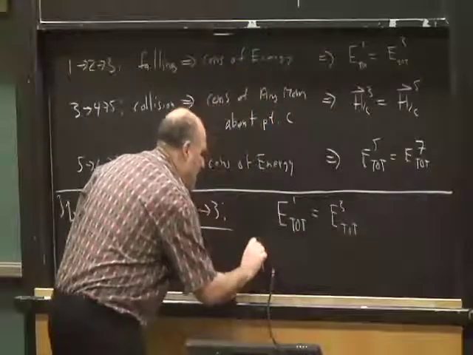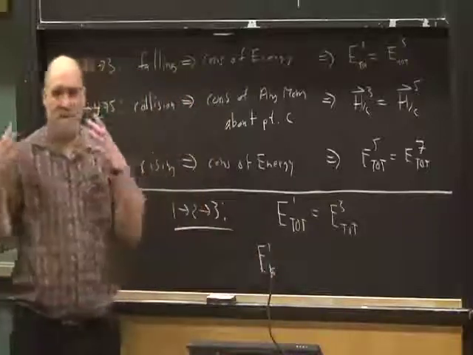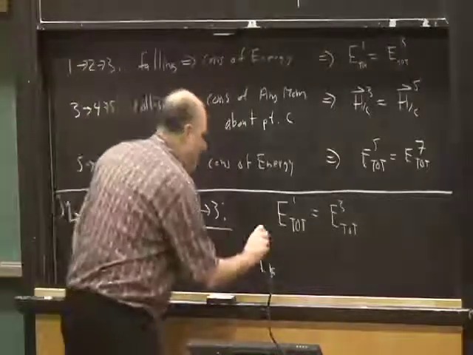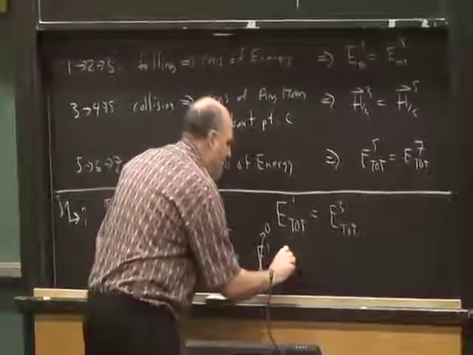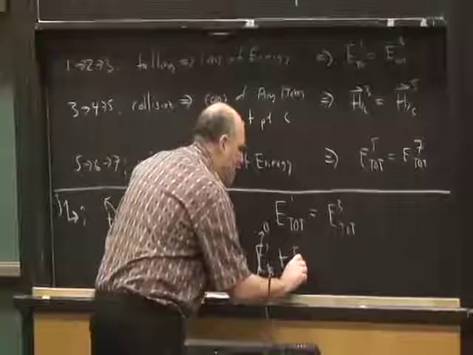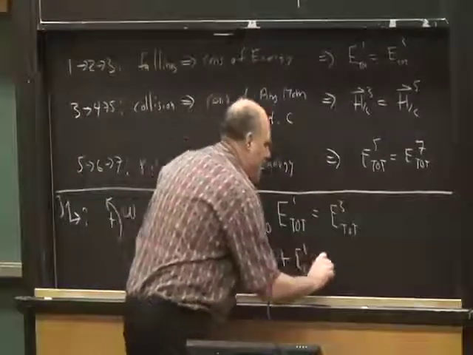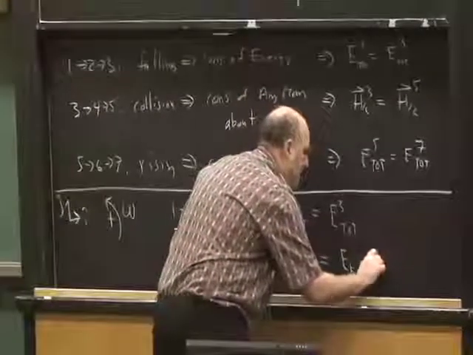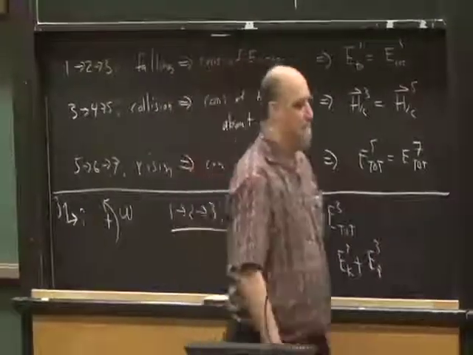We have the initial kinetic energy in state 1, which is equal to what? 0. Good. You don't have to listen. You just say 0. And then we have plus the initial potential energy. And then this is equal to the final kinetic energy plus the final potential energy. So we need to work out what these quantities are.